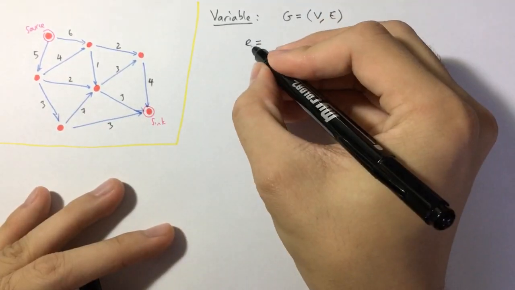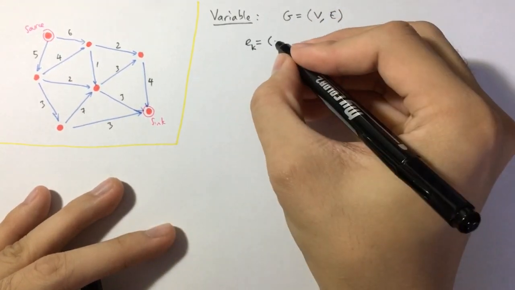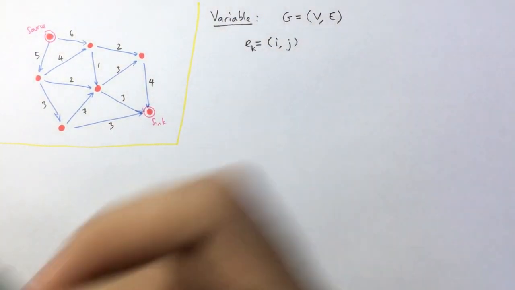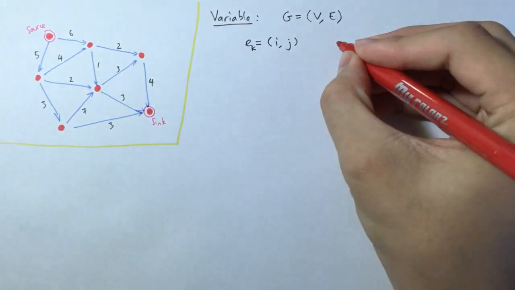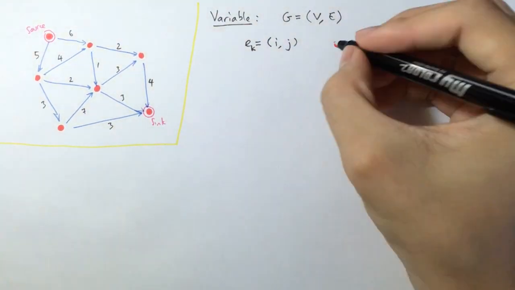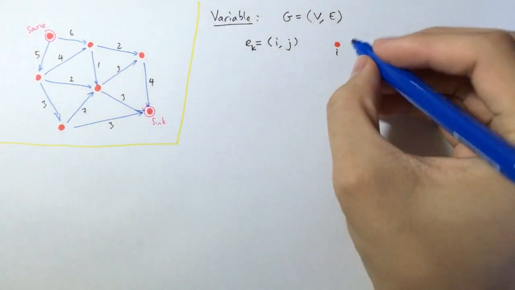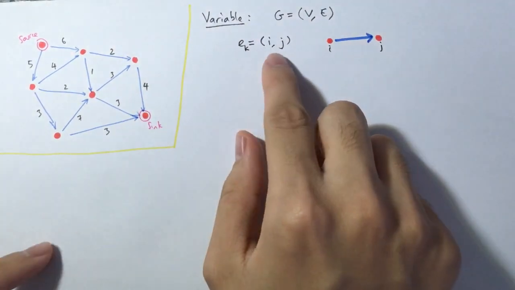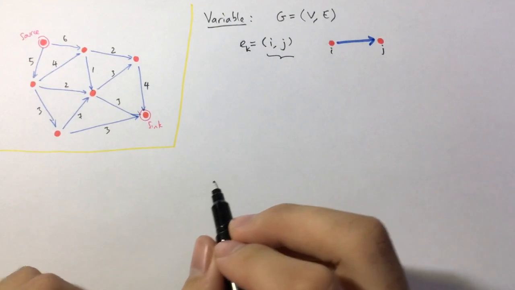Suppose we can represent our edge as a pair of numbers, i and j. If we have 2 vertices labeled i and j, we can say that an edge going from vertex i to vertex j will be represented by the edge ij, like so.